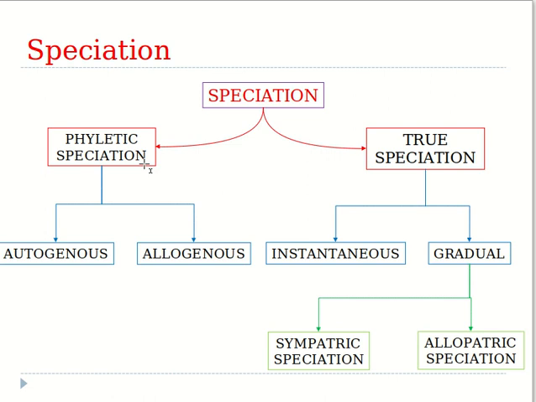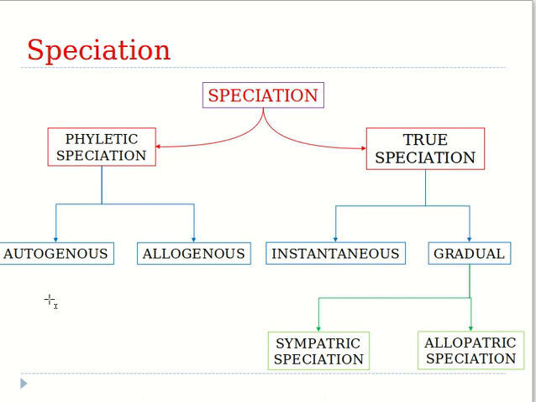And there are two types of phyletic speciation, that is autogenous and allogenous. Autogenous transformation happens where one species is transformed into another by evolutionary factors like mutation, natural selection, genetic drift and migration. While allogenous transformation is when the transformation of one species to another takes place by hybridization, that is crossing with another species.